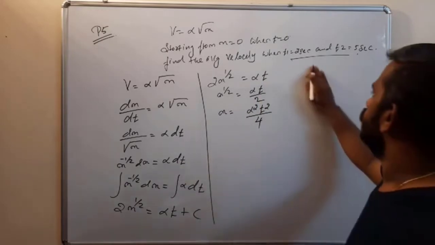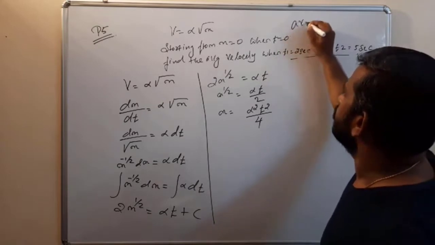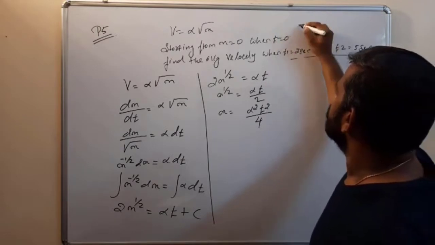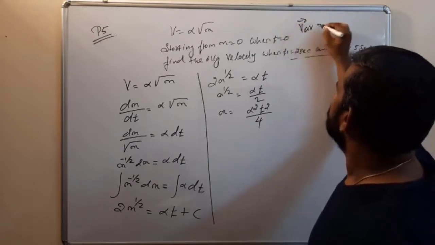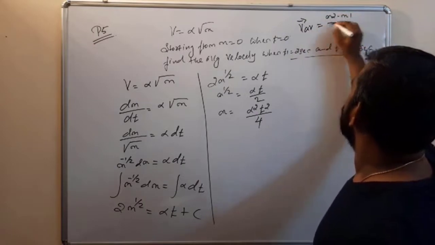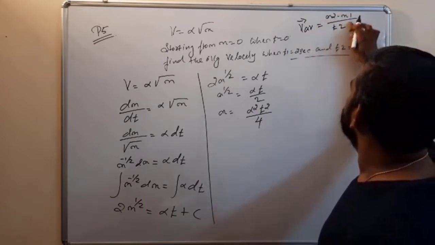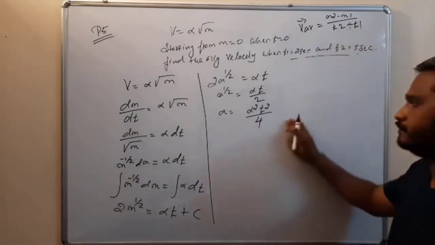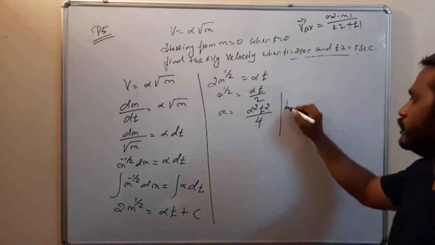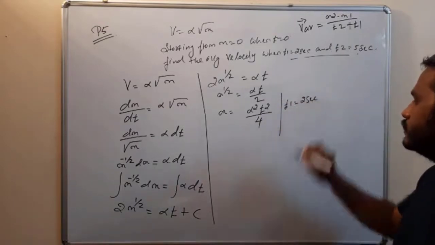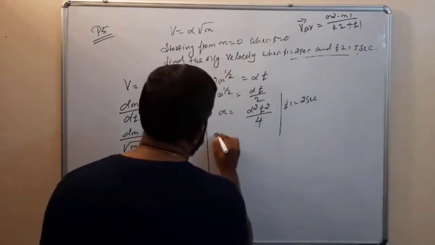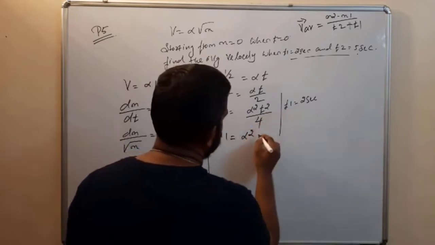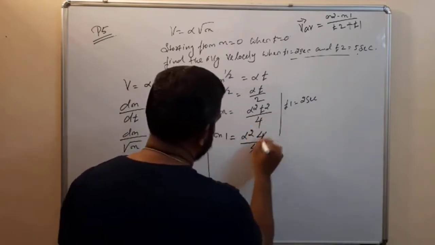So what is average velocity? Average velocity, that is V av, is equal to x2 minus x1 divided by t2 minus t1. When t1 is equal to 2 seconds, we get x1 is equal to alpha square t square by 4, that is 2 square, that is 4 divided by 4. 4 gets cancelled.